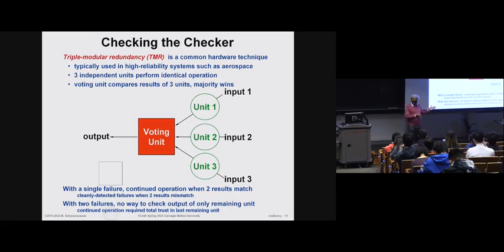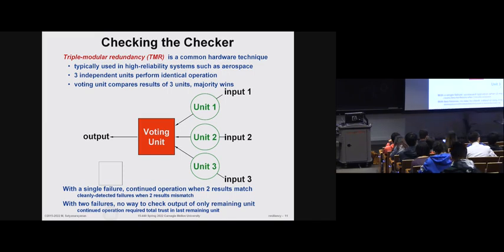However, what does this depend on? Yes? You assume that the voting unit is doing the right thing. Is that the answer you were going to give? I was going to say the units themselves are correct. The units themselves?